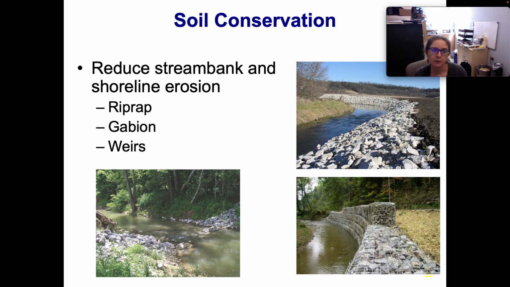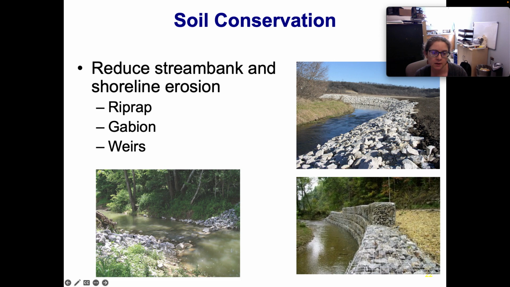If we're concerned about stream bank erosion, there are several different things we can do. If it's already eroding really badly, sometimes they will just try to stabilize the stream bank. So this is covered in riprap, which are big rocks that they've put all along the side of the channel to keep the soil from washing away.